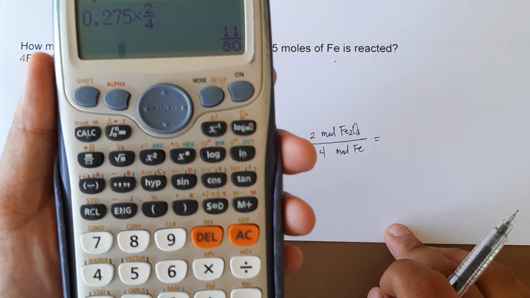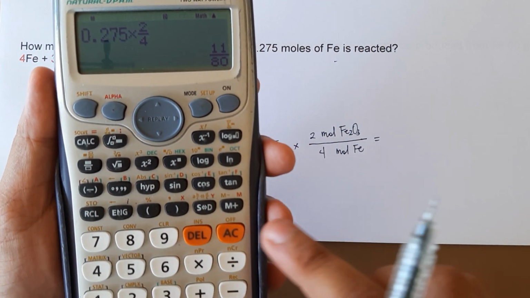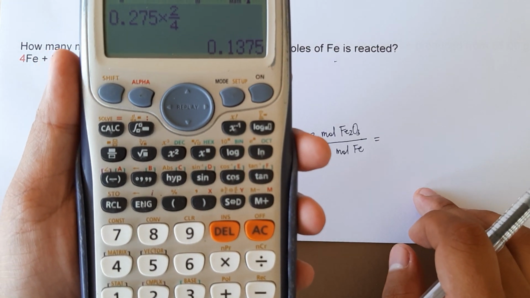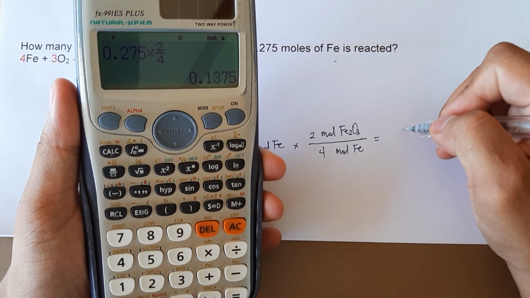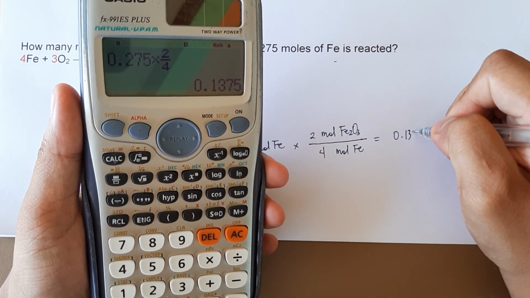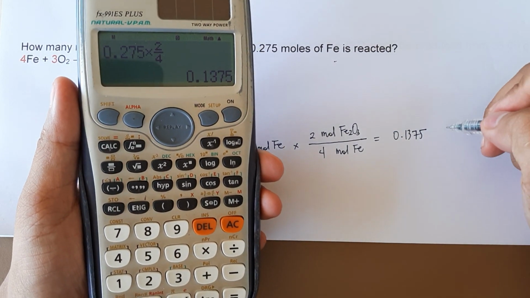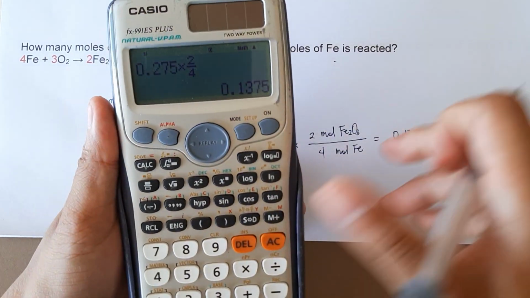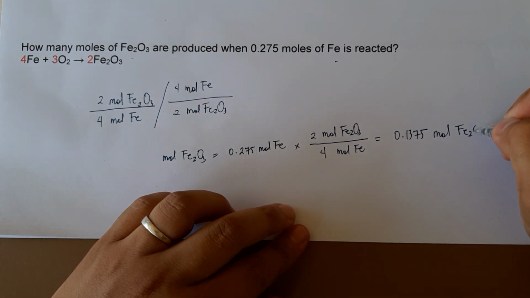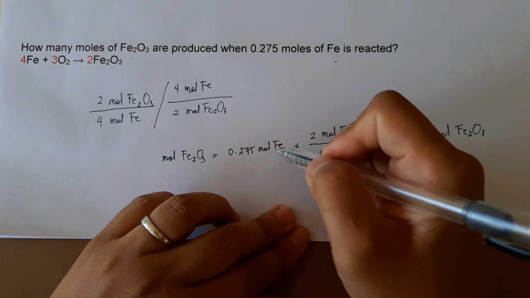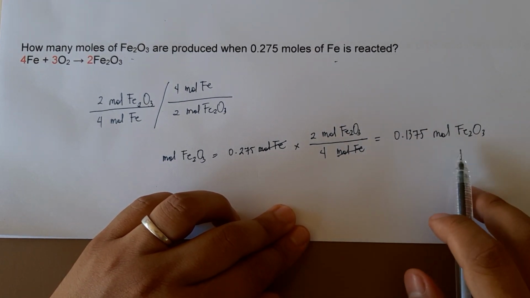So, our answer will be 11 over 60 or 0.1375. So, that's 0.1375 moles. Moles of what? Ito po, Fe2O3, because we can cancel this. So, ito na yung natirang unit natin. Ito rin naman yung hinahanap.